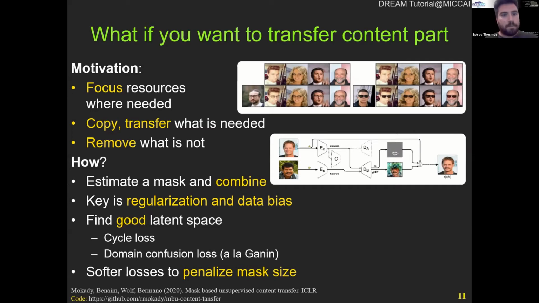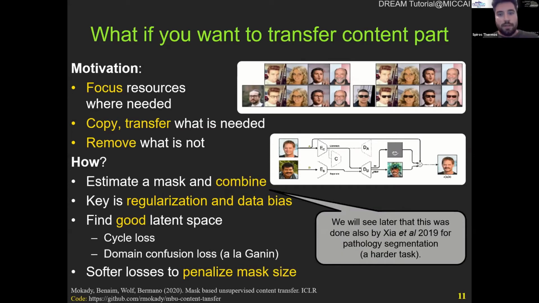Okay, so let's move to the next part. Just a remark here about estimating a mask and then combining. We're going to see a more interesting application, because it's more practical, in the medical domain, in the synthesis part.